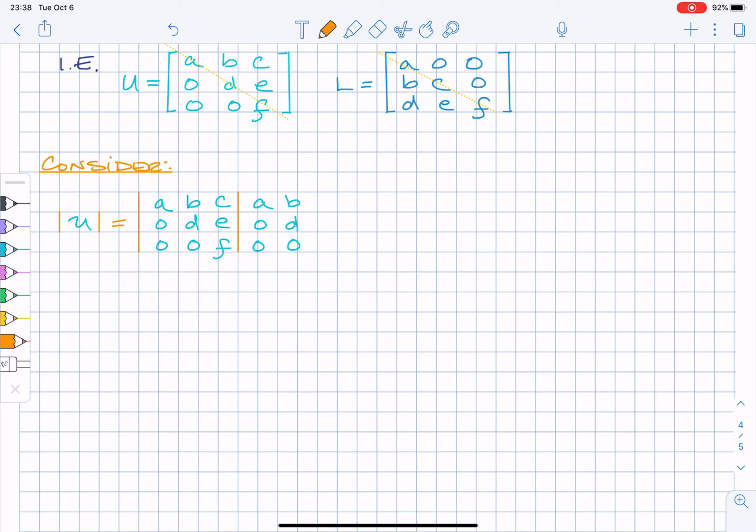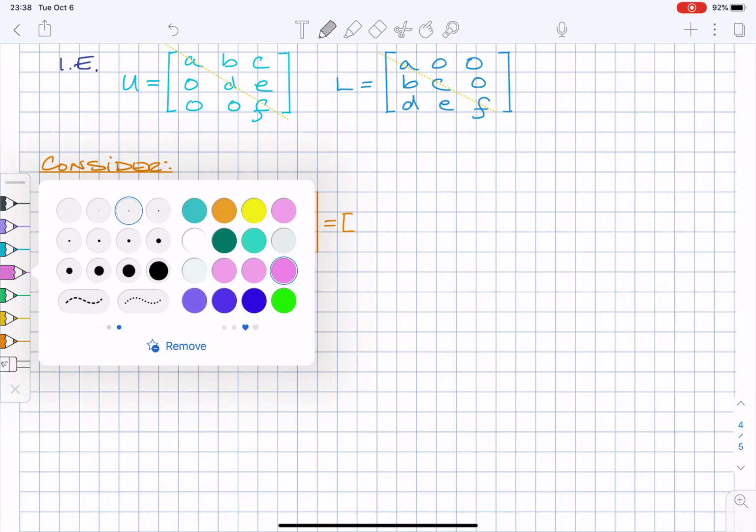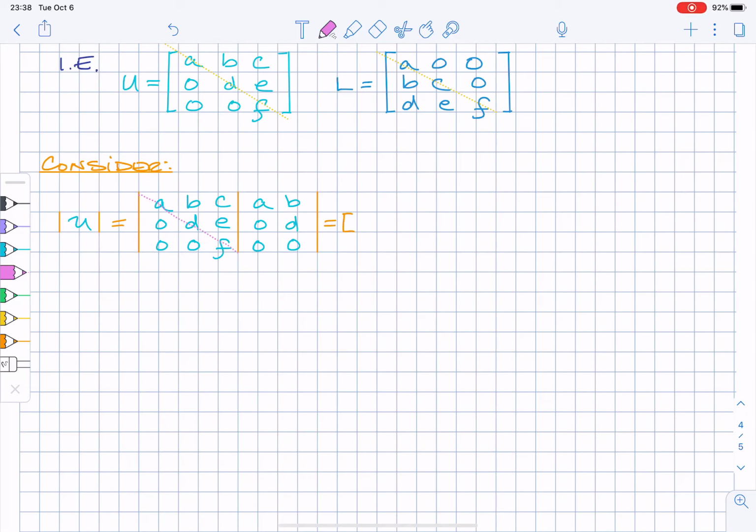And that's going to be, well, first main diagonal here is going to be ADF and 0 and 0. So it's just ADF plus 0 plus 0, minus the alternate diagonal entries, which are going to be 0, 0, and 0.